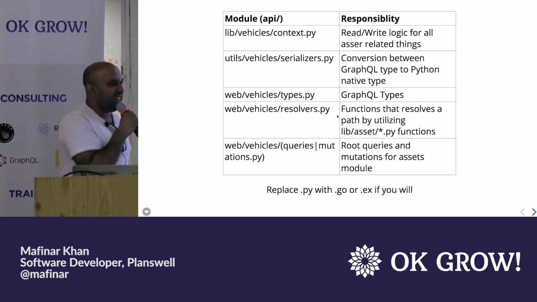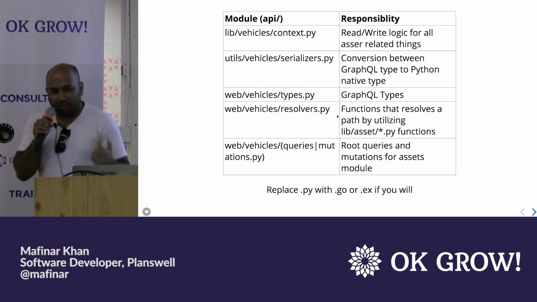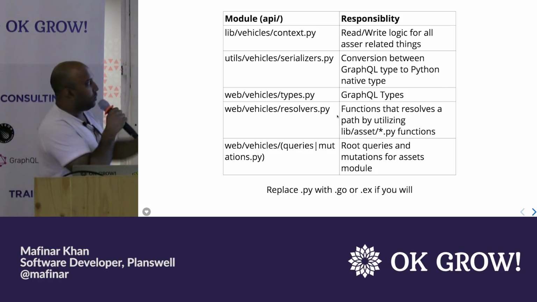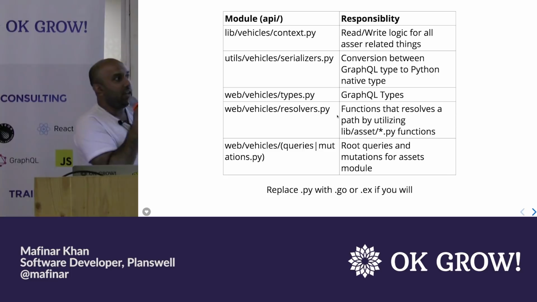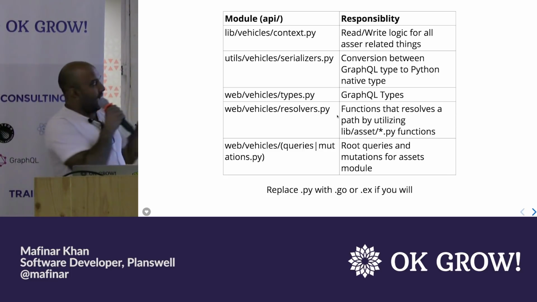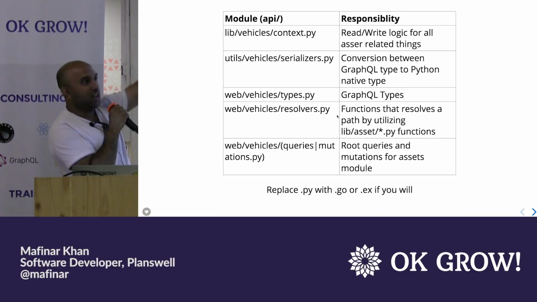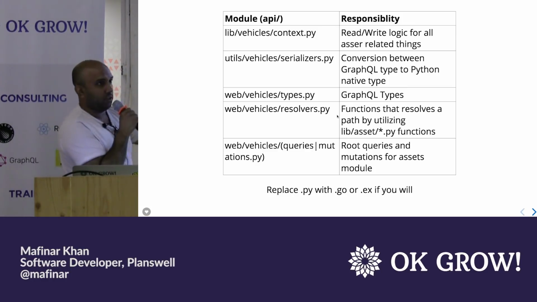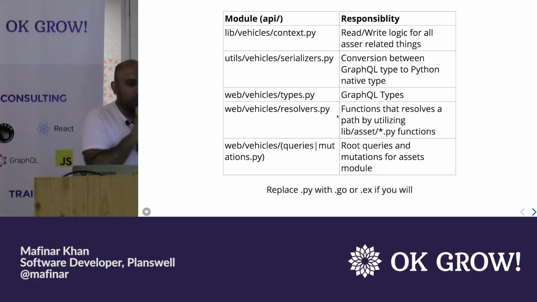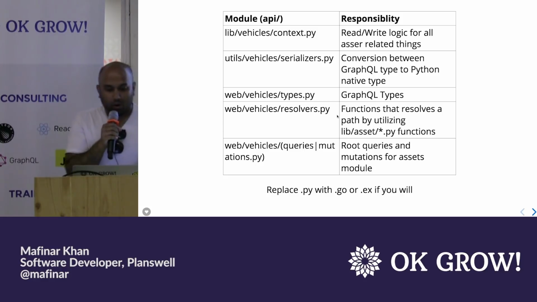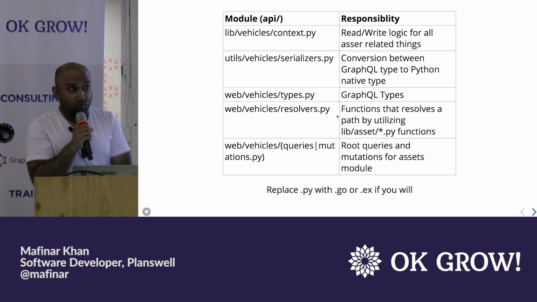If there's some caching to do, or throttling or anything else, those can be done in resolvers, but it only does whatever needs to be done in the HTTP context. And they can only call the lib. There should be no other imports in resolvers. And then the queries and mutations.py. So this structure .py could be .go, .ex, or God forbid .js.